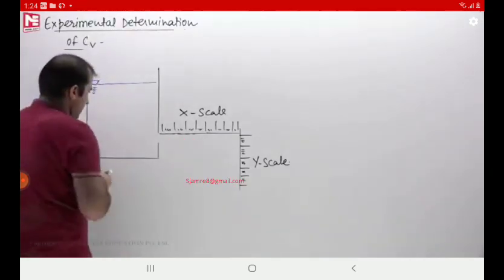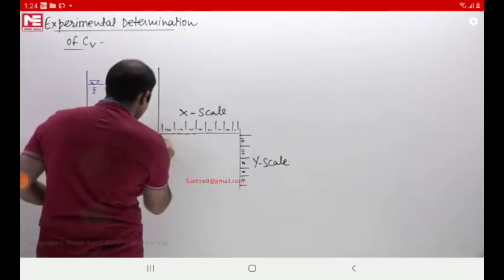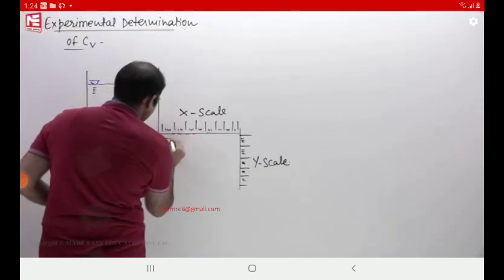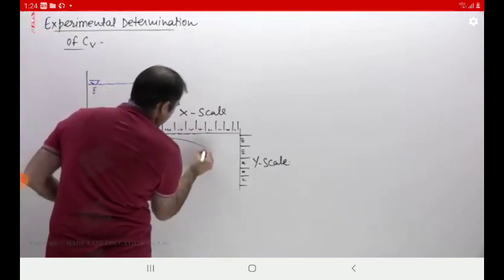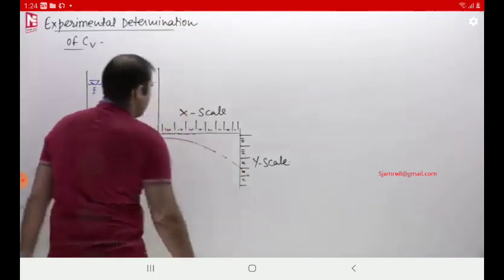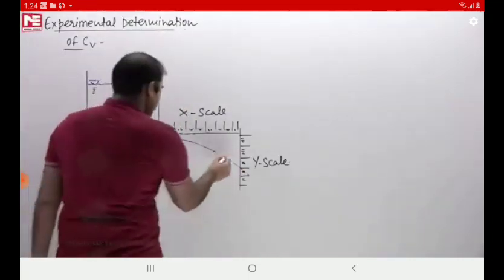Now the flow jet is coming like this. So this is the jet.